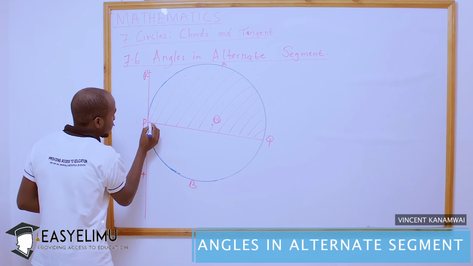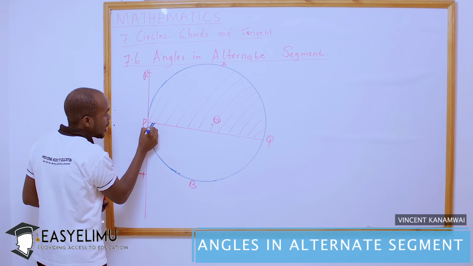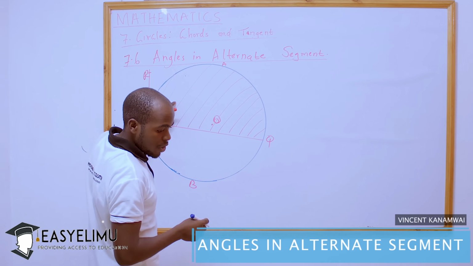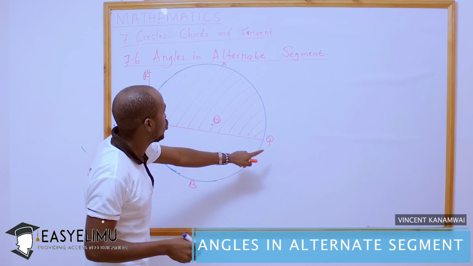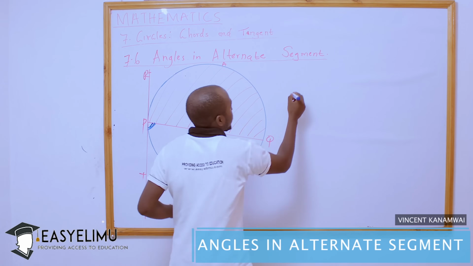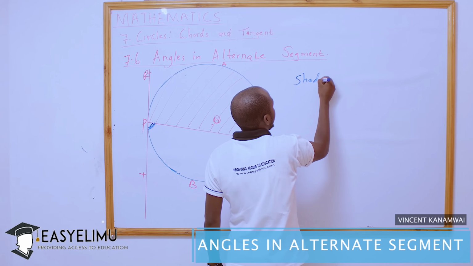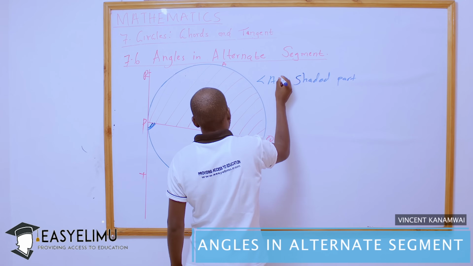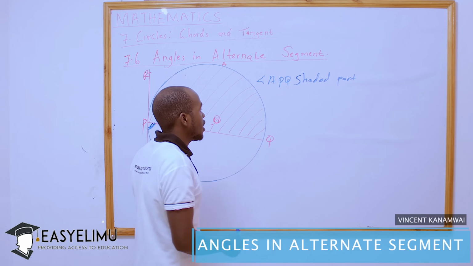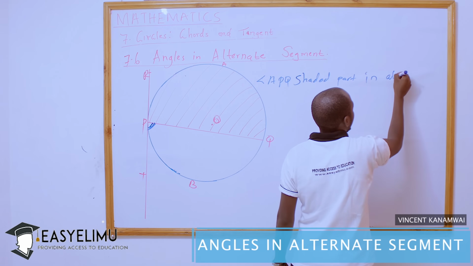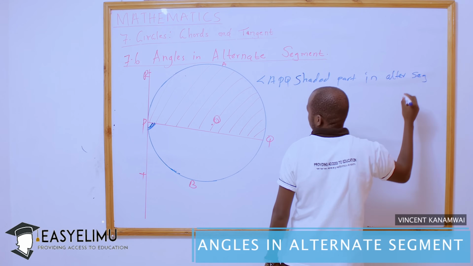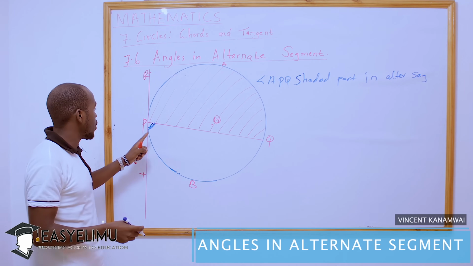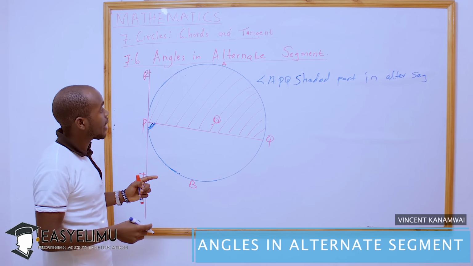So we can see that if you find the angle here, the angle there is alternating to the other segment which we have of PQA. The angle APQ in the shaded part is in the alternate segment with the angle of the unshaded part, which is QPT.